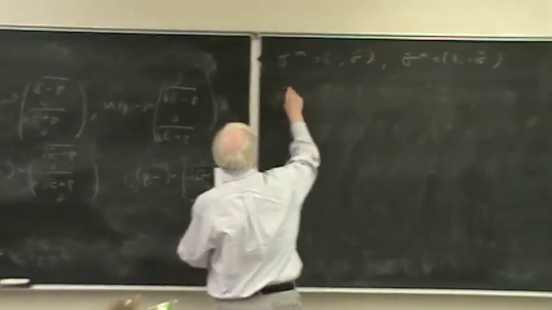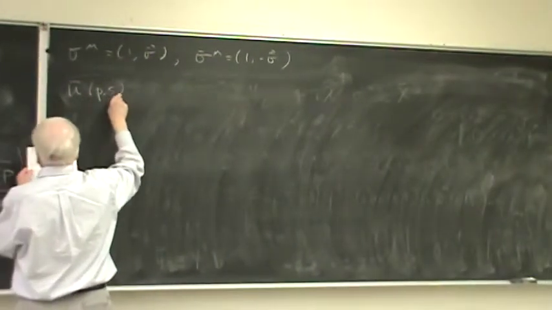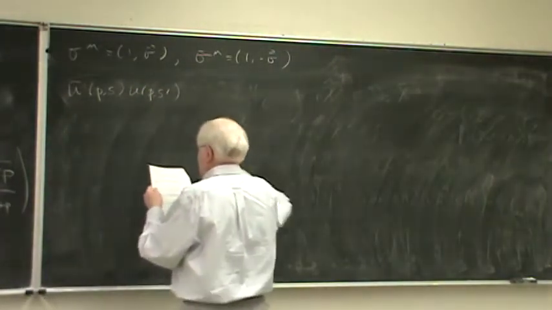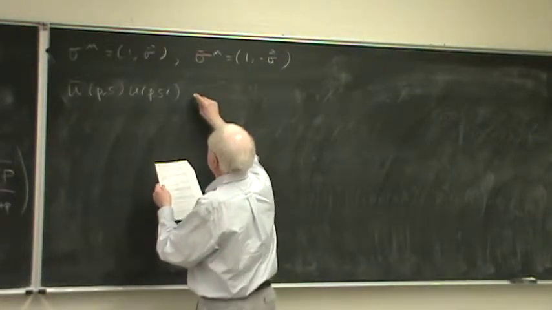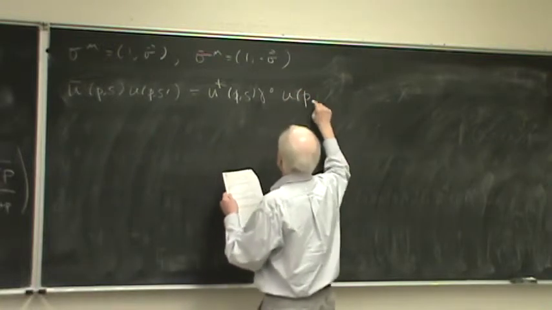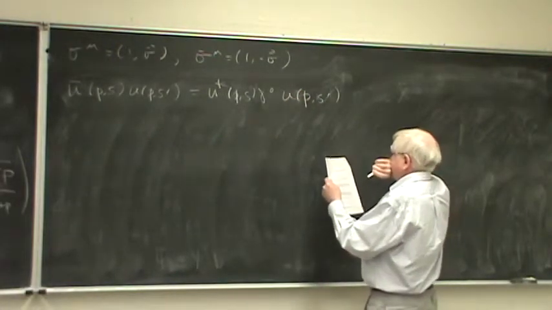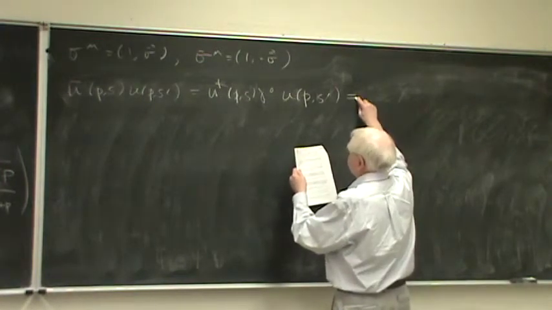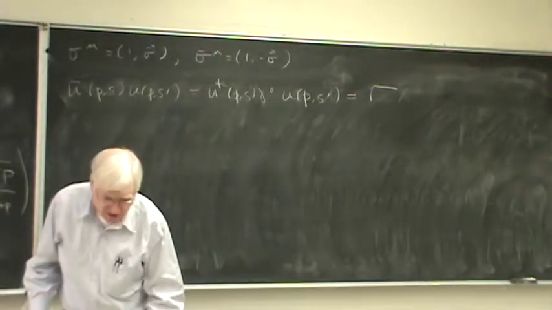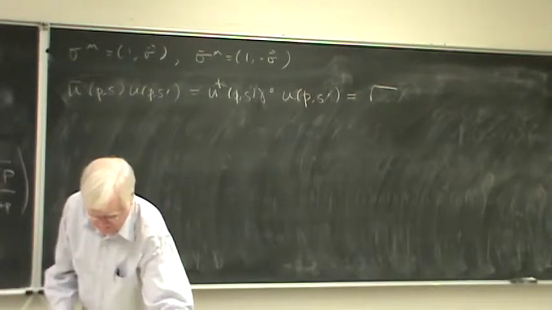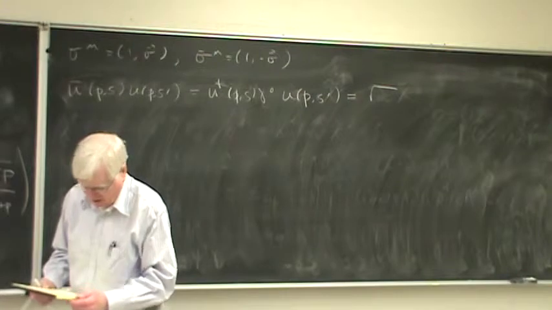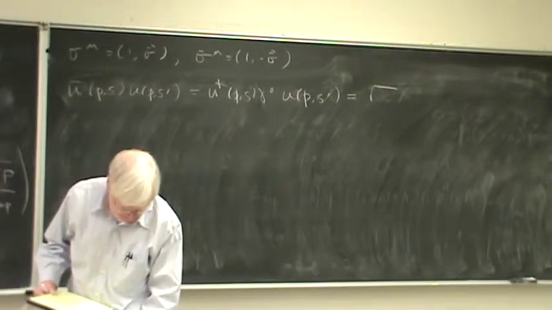Okay, first of all, u bar of p and s, u of p and s prime. And what do we have? Well, this of course is u dagger of p and s, gamma 0 u of p and s prime. And this would then be, well, I skipped something here.